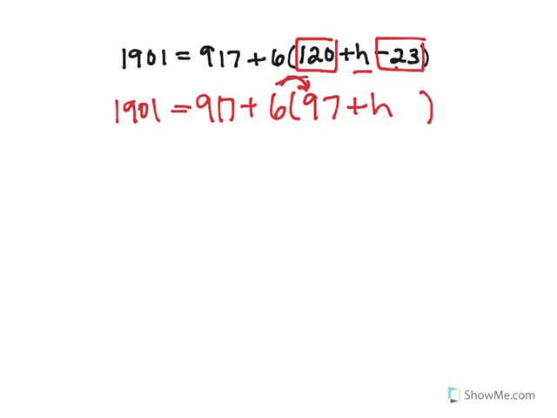Now I'm going to go ahead and distribute my 6 into the parentheses so that I can get rid of these parentheses.